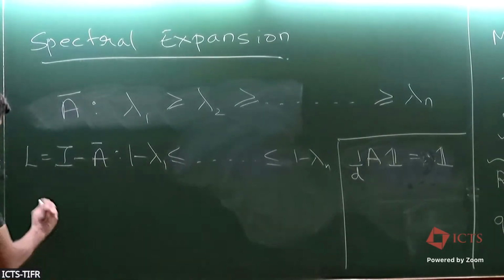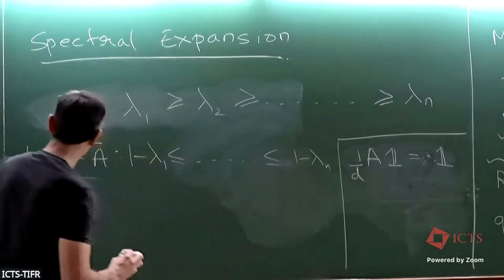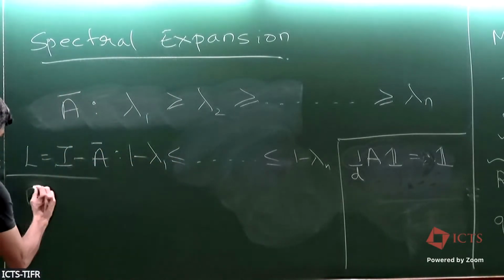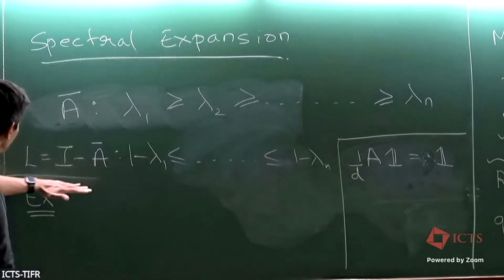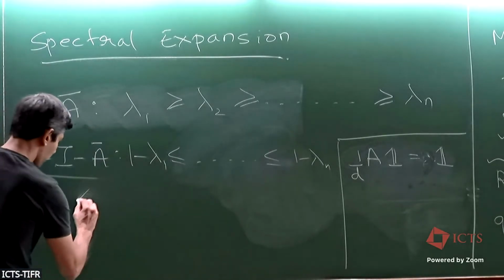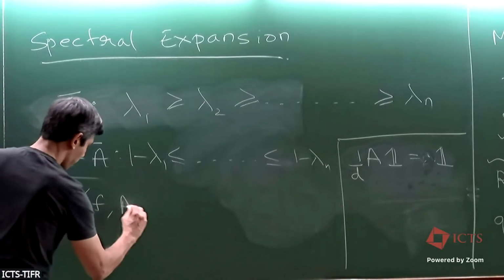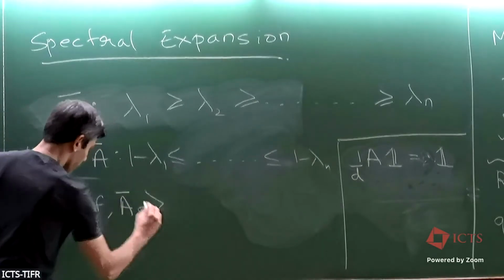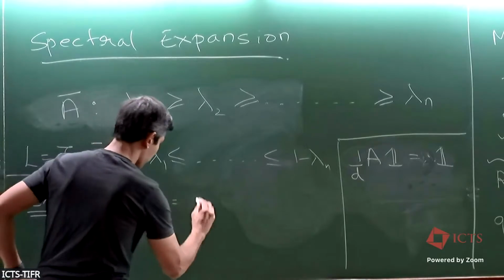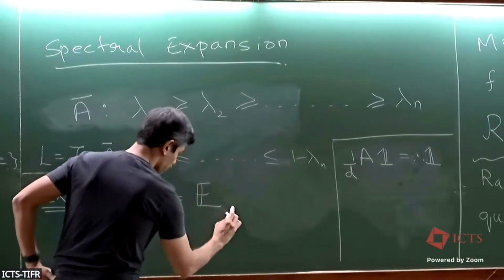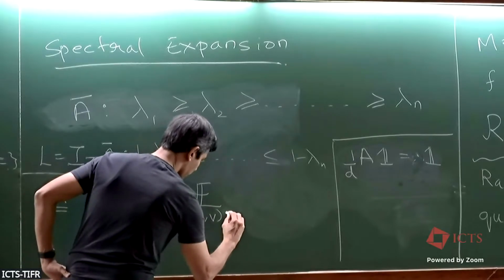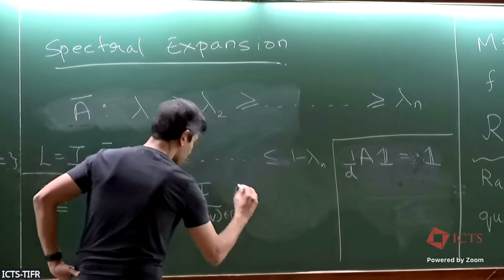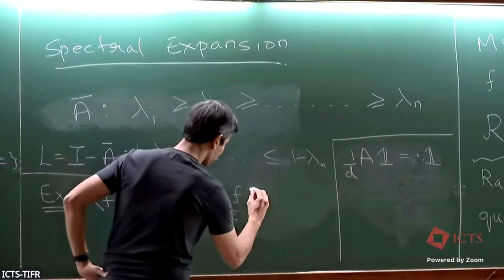In fact, let me assign exercises for the tutorial. It's a nice way to interpret what A does and what L does. If you think of the inner product of F, A bar, and G, it's the same as looking at a random edge, and now you think of both orderings.